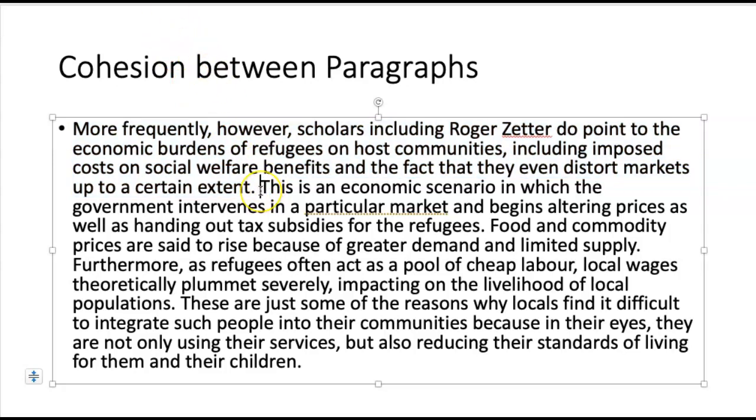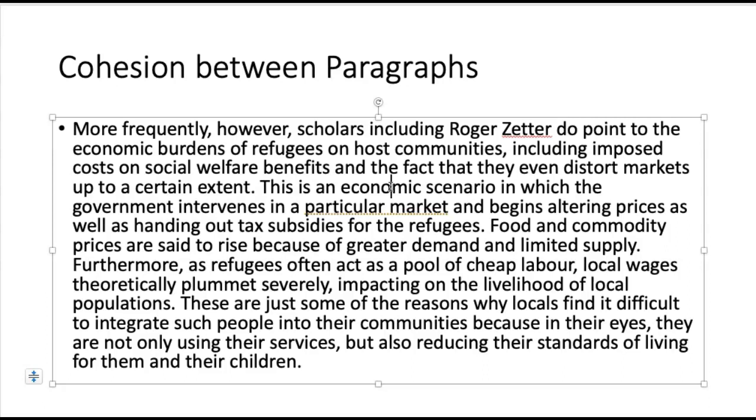So I want you to see this again is a topic sentence, but the "however" signals to the reader that in the previous paragraph I talked about all these positive things with refugees, but now I'm also going to use Roger Zetter's work to show that there is a kind of negative impact.